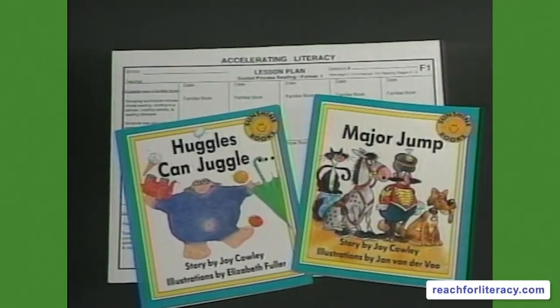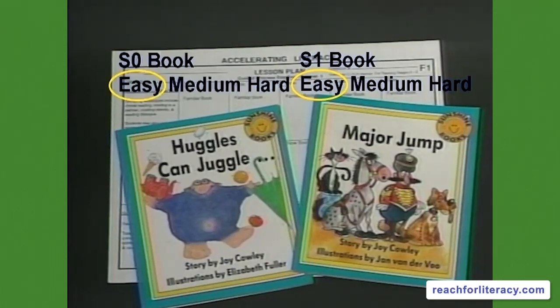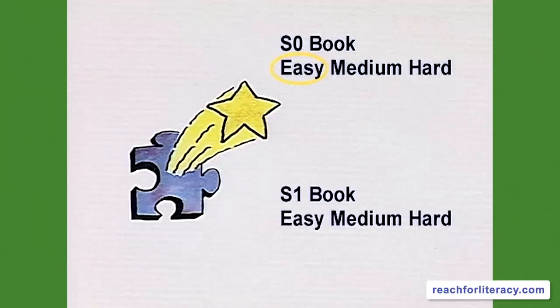The last feedback to the teacher concerned the books. The Stage 1 book was a very easy Stage 1, and the Stage 0 book was very easy because it characterized a picture predictable book. These easy books are usually used with beginning 0.5 students. There should be a gradual increase in book difficulty as one moves through the stage.